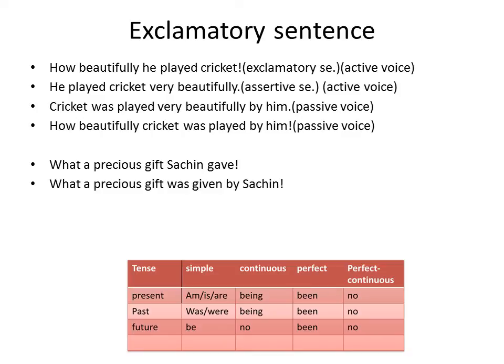We know how to find the object by asking the question: what did he play? We will get the answer, cricket. Cricket is the object. Then after that we have to take the auxiliary "was", then the V3 form, then take "very beautifully" as it is, "by him" as it is.